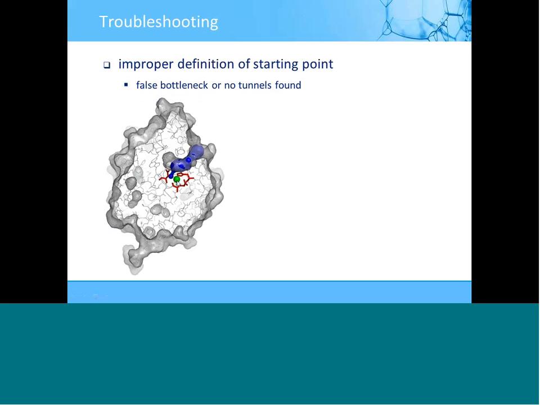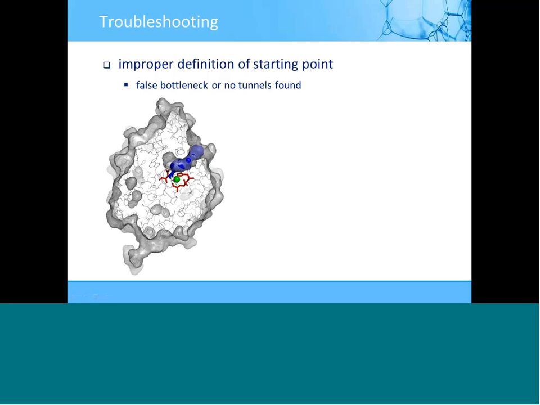Since the starting point is located further from the cavity, the optimization algorithm cannot translate the starting point into the cavity, and therefore the initial portion of the tunnel in blue here is very thin. If the minimal tunnel radius is larger than this very narrow part, you will not even get any tunnels.